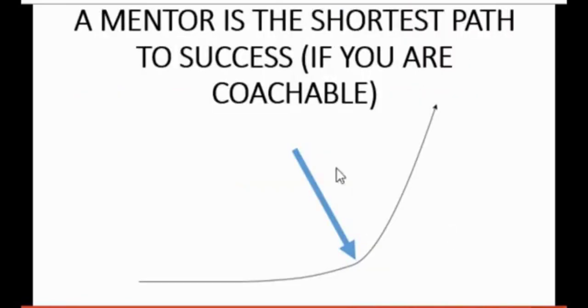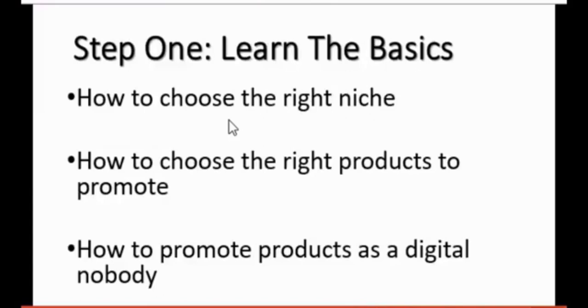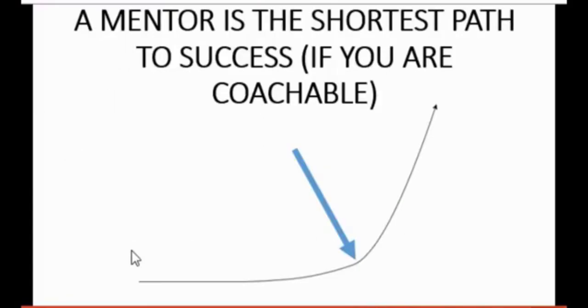So if you come back to this linear graph here, this amazing graph that I did earlier, a mentor is the shortest path to success, to getting to this point here where you actually start to see results. This can be 3 months, it can be 6 months, it can be 12 months.